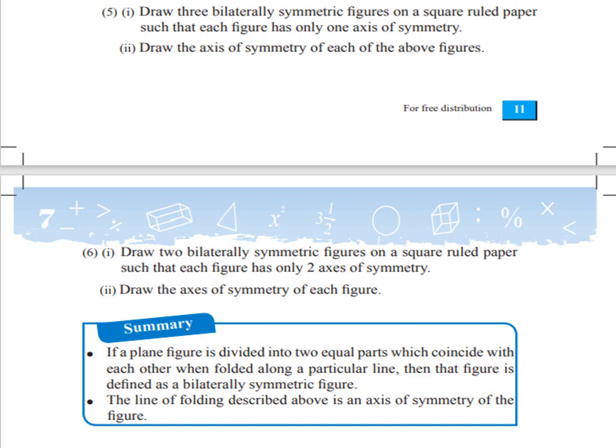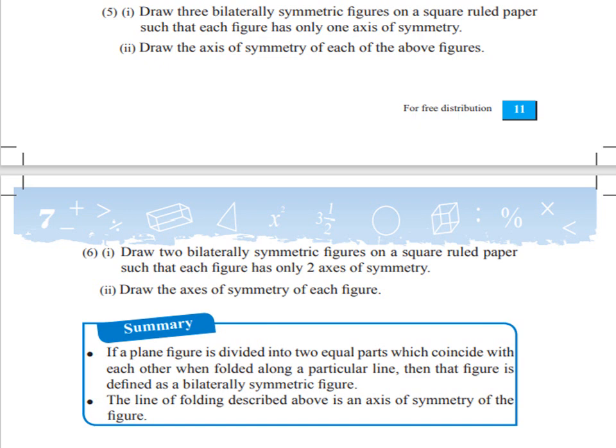That means guys, you can just take a square and a rectangle. So they have only two axes of symmetry, because in the square the horizontal one and the vertical one, in the rectangle the horizontal one and the vertical one. Draw the axis of symmetry of each figure. That is all. So we have come to the end of this lesson, and now we are going to the summary.